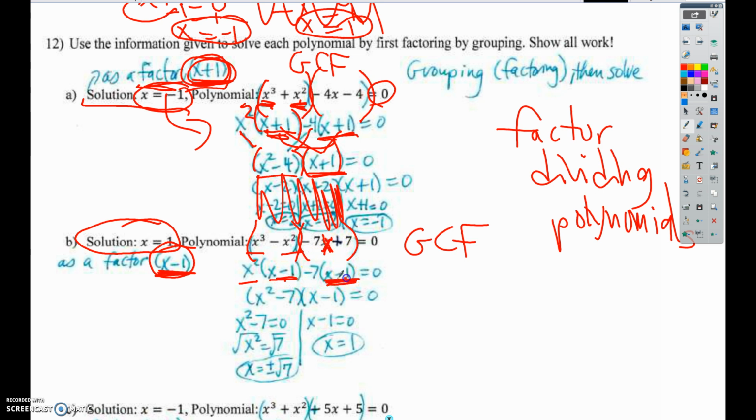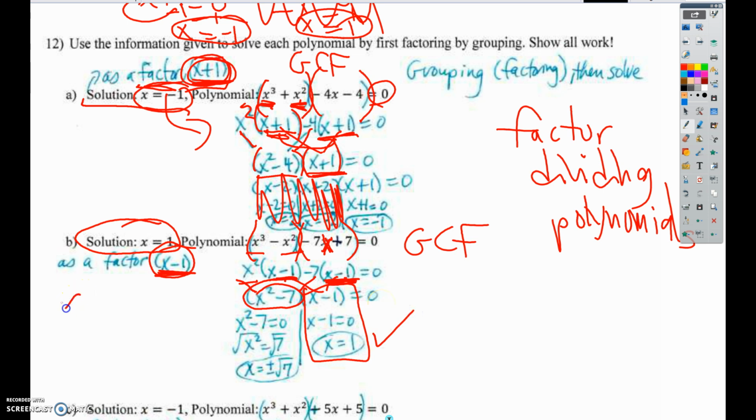These factors match, so you're going to rewrite them once below, x minus 1, and you're going to combine x squared and negative 7 to be the factor x squared minus 7. You already have the solution for this. It was given in the beginning of the problem.